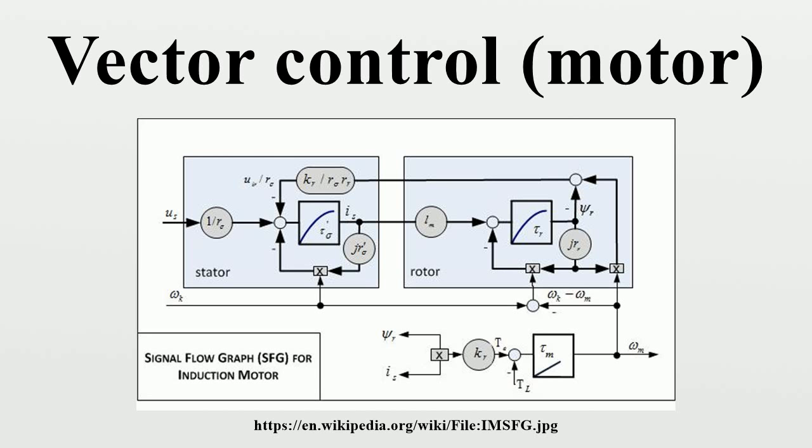The Park transformation has long been widely used in the analysis and study of synchronous and induction machines. The transformation is by far the single most important concept needed for an understanding of how FOC works. The concept having been first conceptualized in a 1929 paper authored by Robert H. Park.